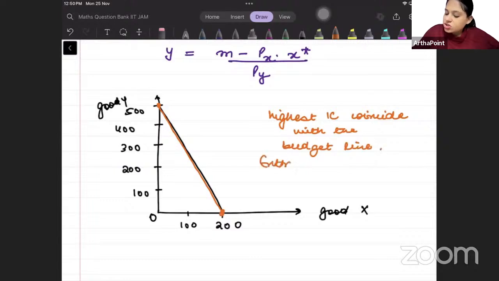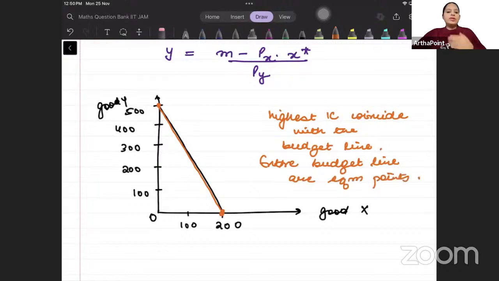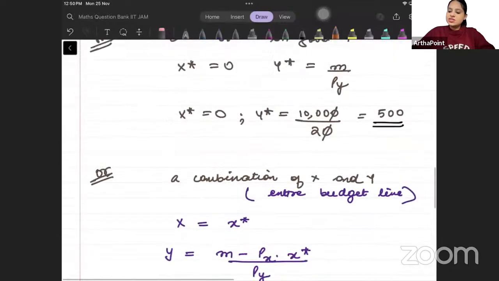So the entire budget line consists of equilibrium points. Right? So this will be the first case, beta. For the first utility function given to you, the entire indifference curve is going to be the budget line. Now go ahead and give the second part a try.